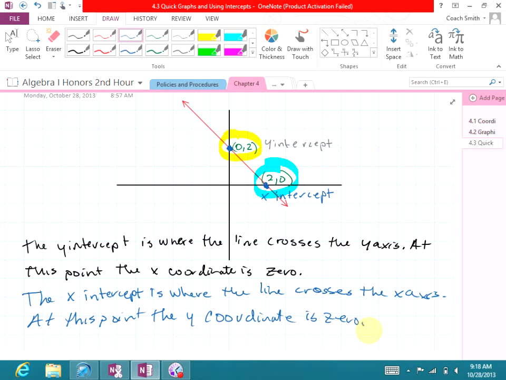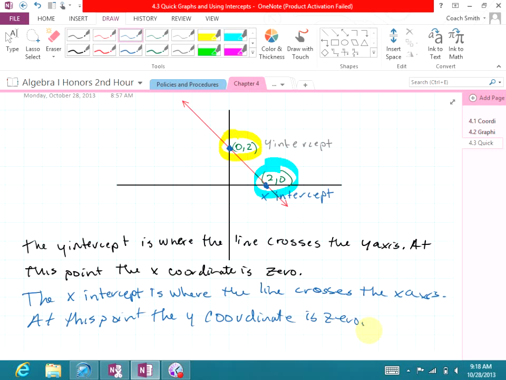It still means that the y-coordinate is 0 when it crosses the x-axis. Same thing on the y-axis. Wherever it crosses this y-axis, whether it's on the negative or the positive, x is going to be equal to 0.